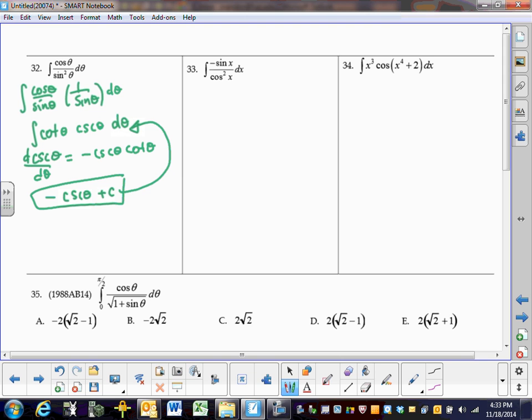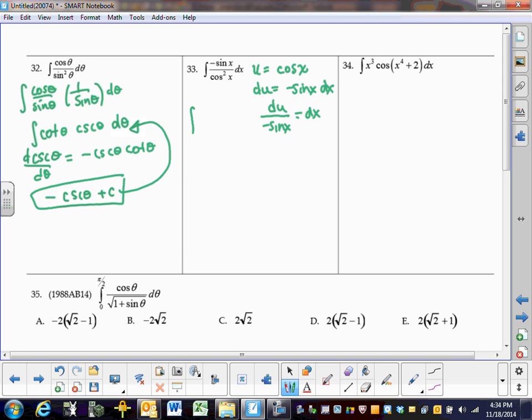That isn't the only option though. So for number 33, for example, that would be a similar situation. But I could choose to do this as a u-sub. So if my u were cosine of x, because that is inside the square, then du would be negative sine x dx. So du over negative sine x would equal dx.